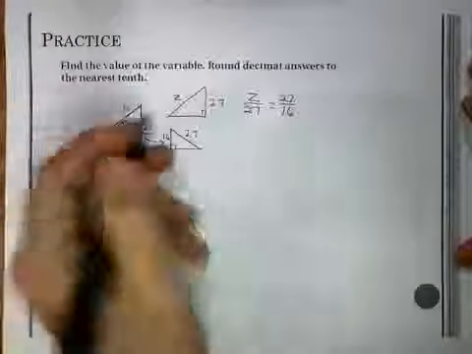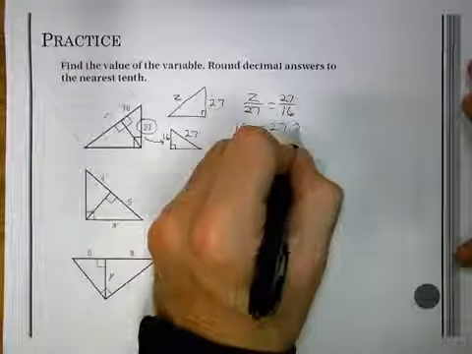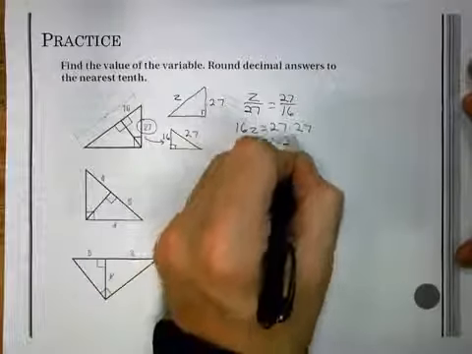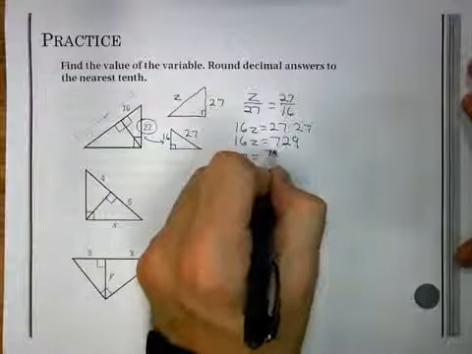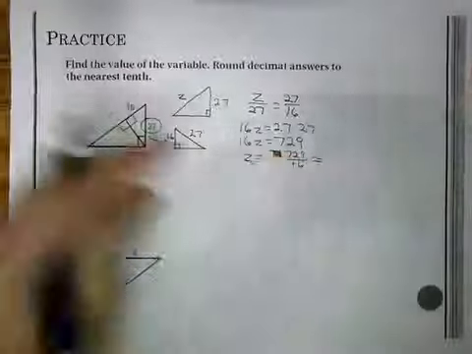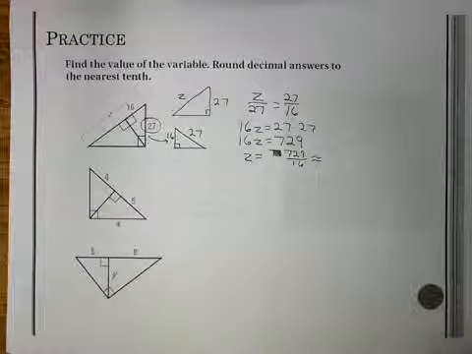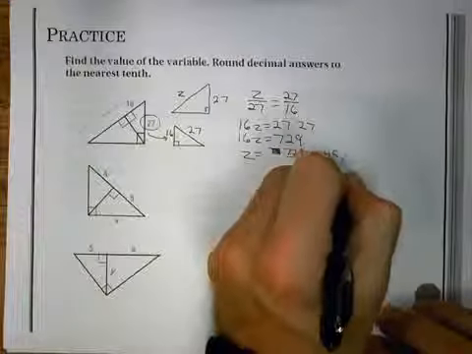I can do cross product now. 16z equals 27 times 27. That gives me 16z equals 729. I divide, I get 729 over 16, which comes out to be about 45.6.